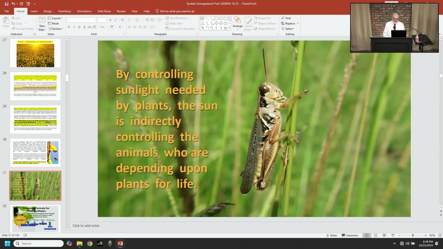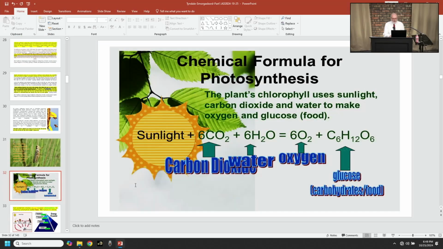By controlling sunlight needed by plants, the sun is indirectly controlling the animals who are depending on the plants for life. So the grasshopper is going to be eating plants. And so if the plants are controlled by the sun, then the living activities of the grasshopper are necessarily directly dependent on that as well.